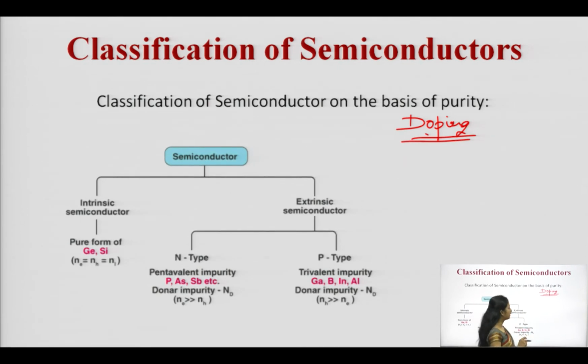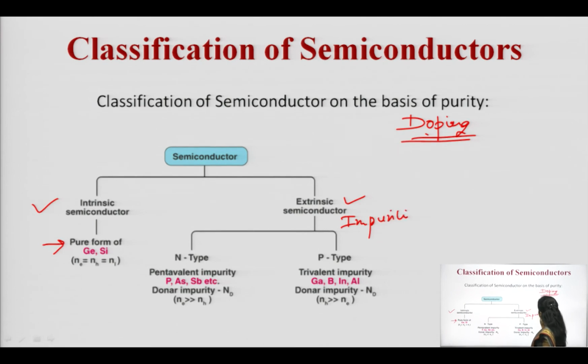You can see this diagram. Here, semiconductor is broadly categorized into two categories. One is intrinsic semiconductor, the other is extrinsic semiconductor. Intrinsic semiconductors are the pure semiconductors and extrinsic are the impure, means here impurities are to be added. And depending upon the type of impurity, whether we are adding pentavalent impurity or trivalent impurity.